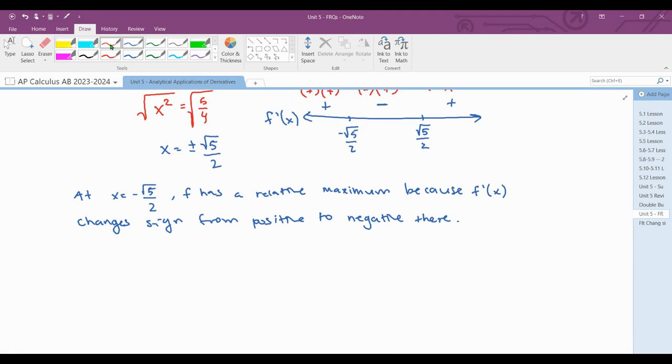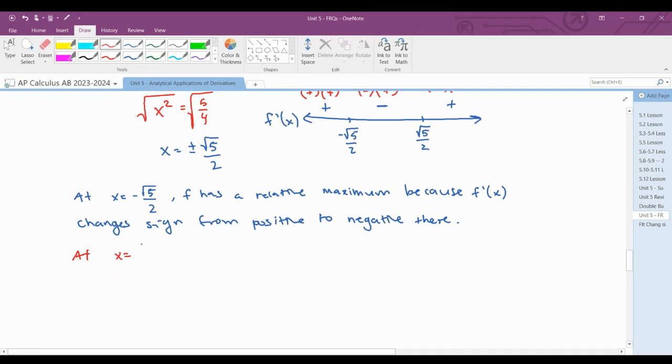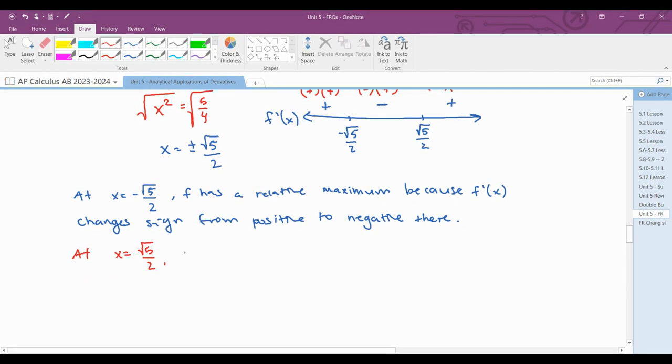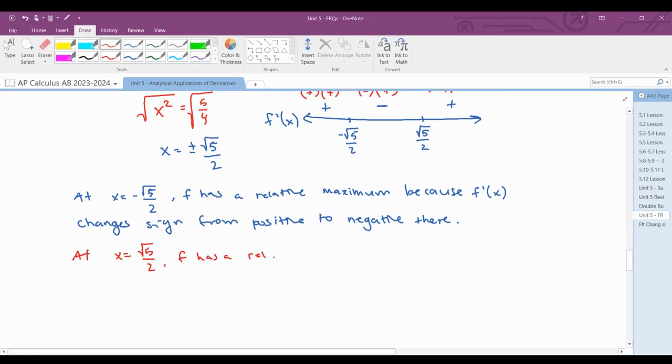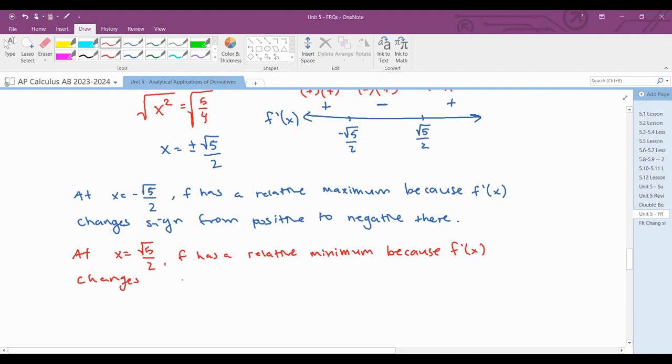And then on the flip side, at x equals square root 5 over 2, f has a relative minimum because f prime of x changes sign from negative to positive.